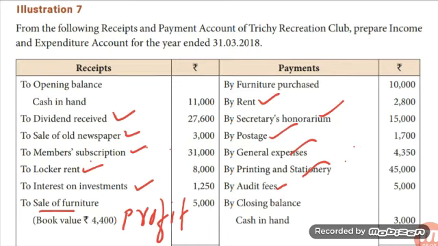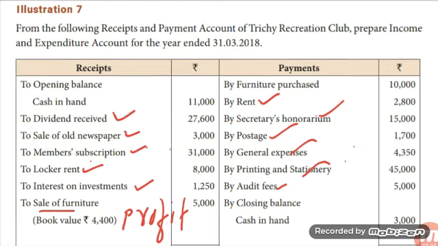I already told you, take only the revenue items in income and expenditure account. Next, rent. Rent is a revenue payment. So enter on the debit side as to rent account, amount in outer column 2,800. Secretary's honorarium is also revenue payment. So enter on the debit side to secretary's honorarium, amount 50,000.